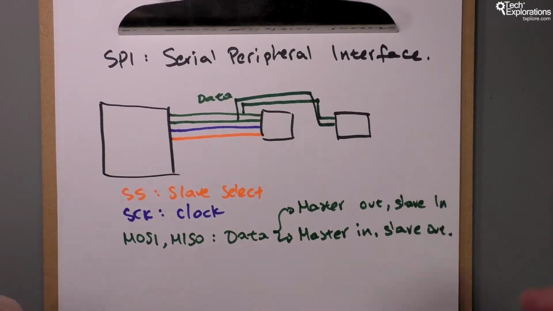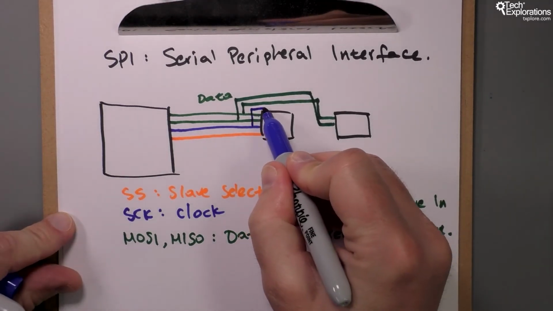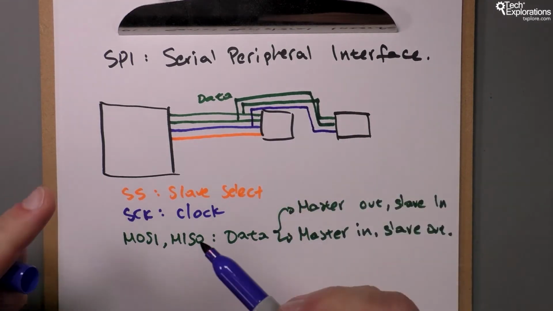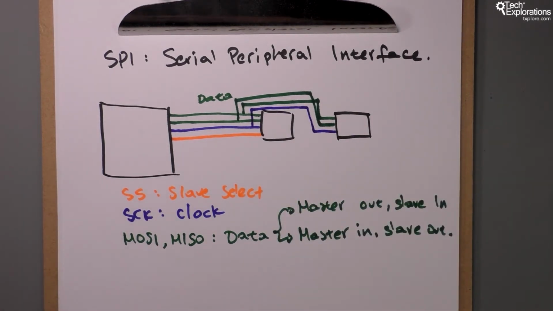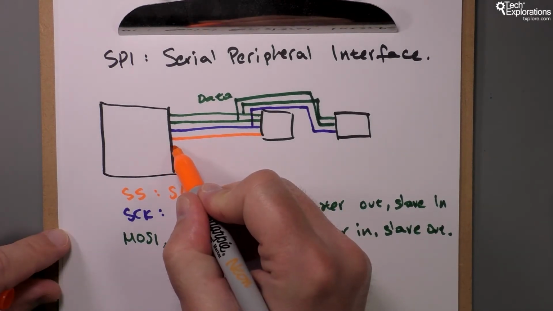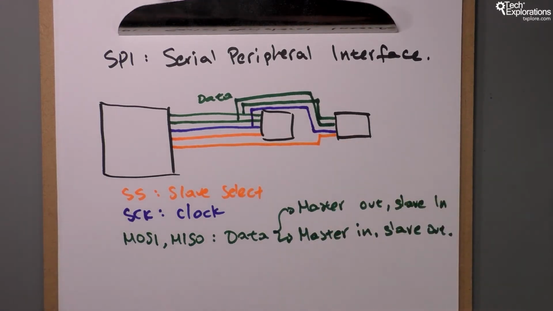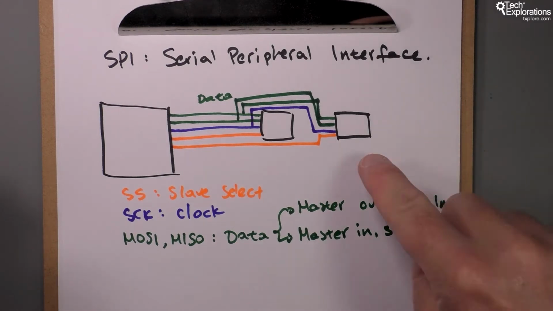You can also share the clock line. But then, as far as the slave select is concerned, you need to use another digital pin on your Arduino and implement a different, separate, independent slave select line.